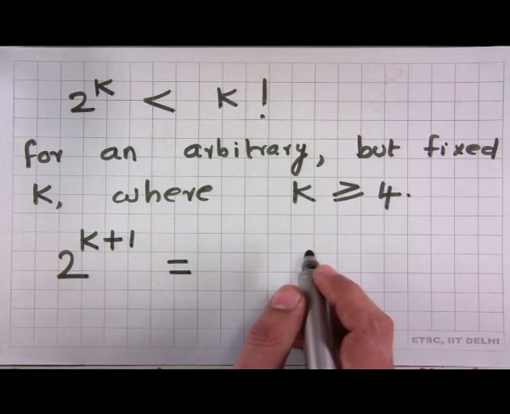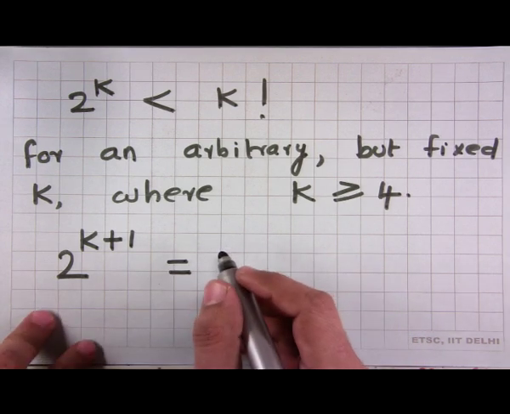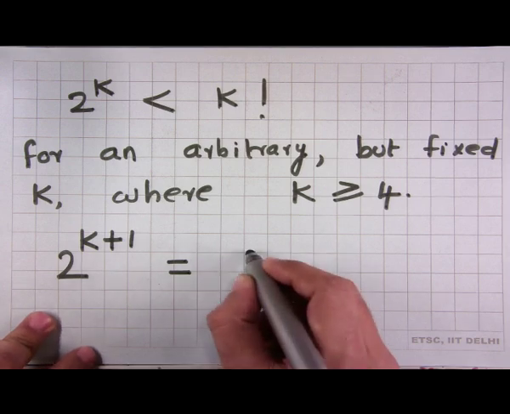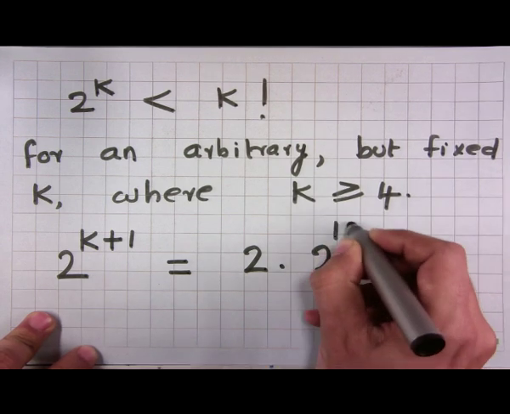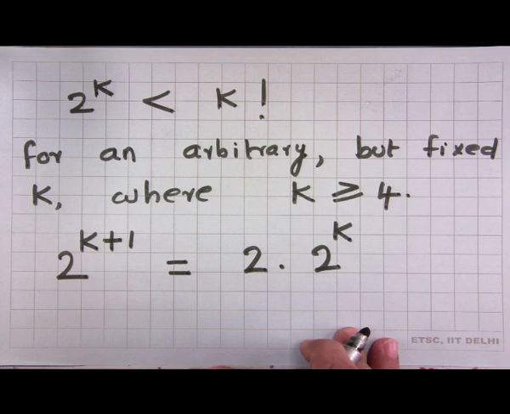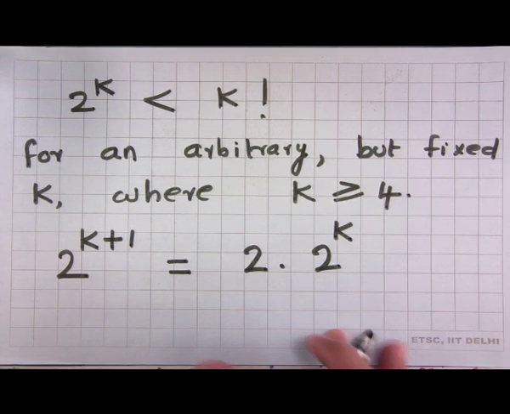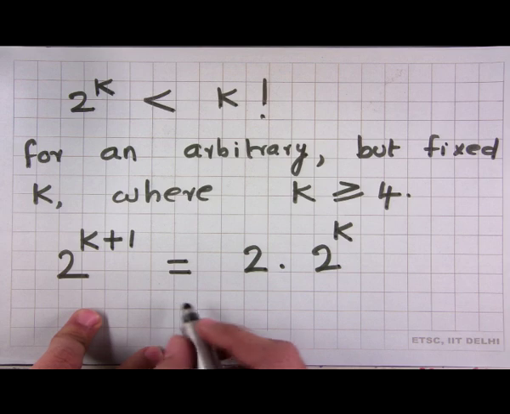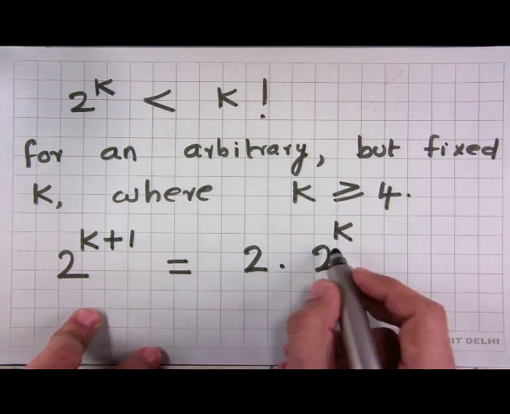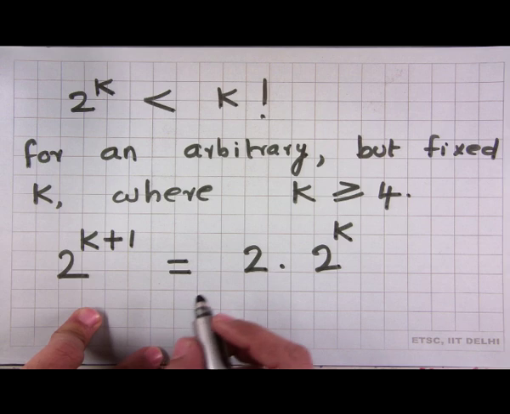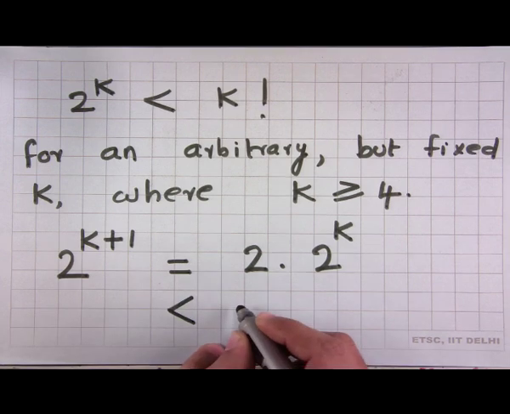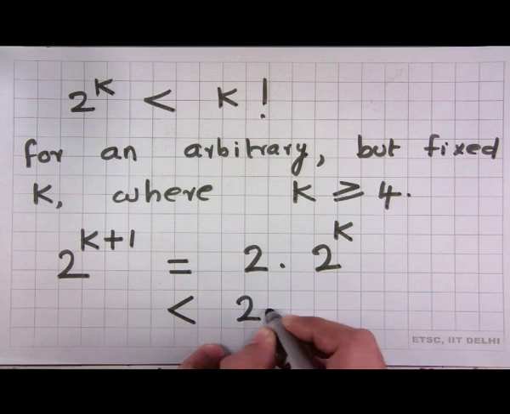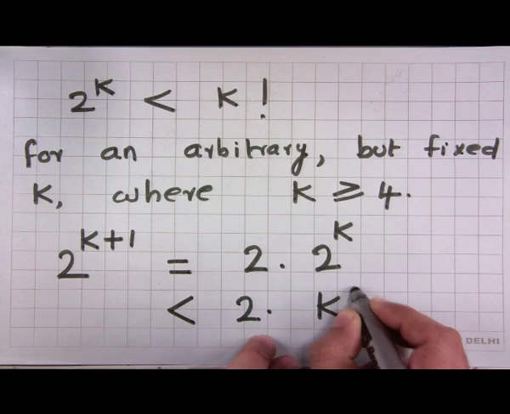Keeping the induction hypothesis in mind, let us write 2 power k plus 1 as 2 into 2 power k, which follows from the law of integers. And now applying the induction hypothesis, this 2 power k is less than k factorial can be used here to obtain this less than 2 into k factorial.